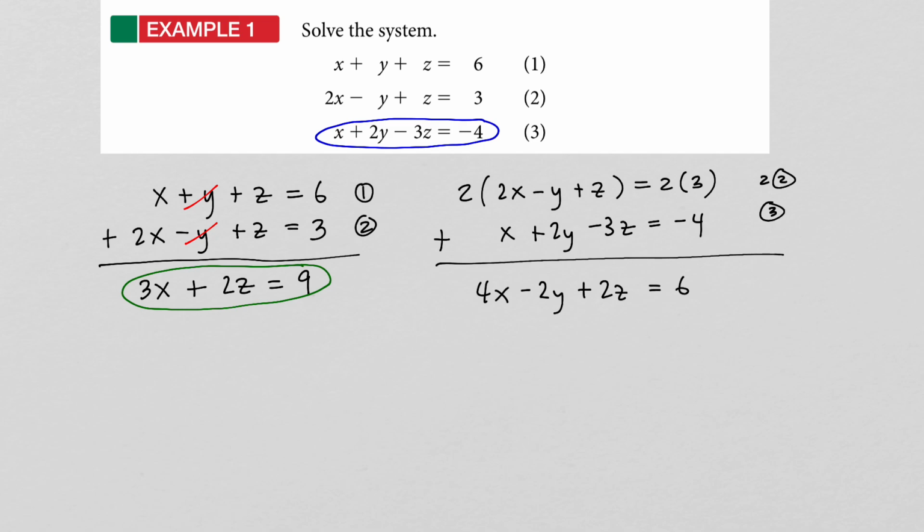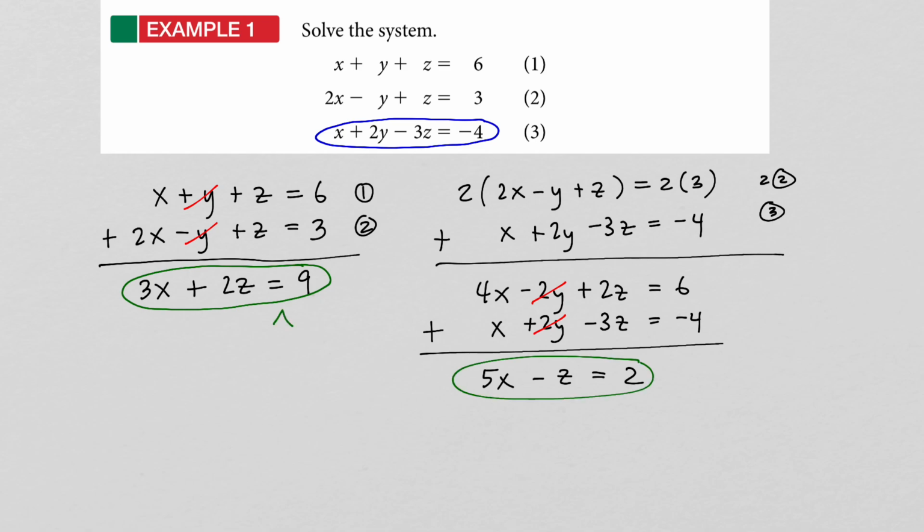And 2 times 3 is 6. And equation number 3 stays the same. And now if we add these together, notice that the negative 2y and positive 2y cancel out, and we end up with 5x minus z is equal to 2.